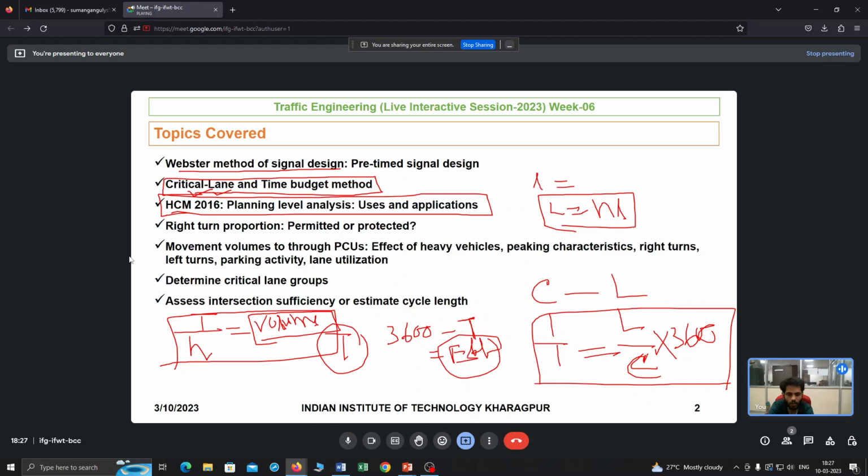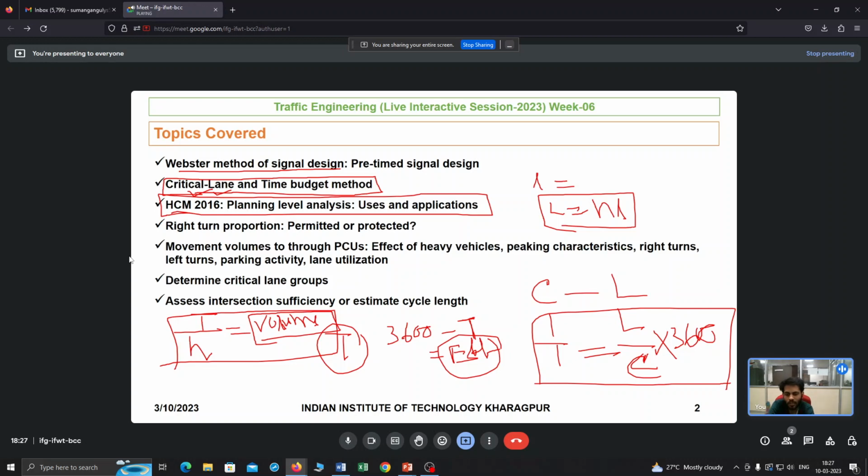It will take more time to cross, and even if you are giving the same green at the same flow, fewer vehicles will cross, right? So now you have to increase the green time accordingly, because your turning volumes are high, right? So the green is not the same, so you have to improve it.